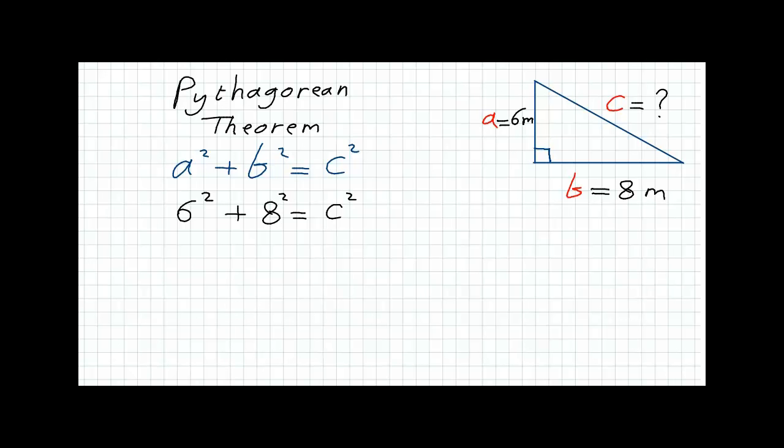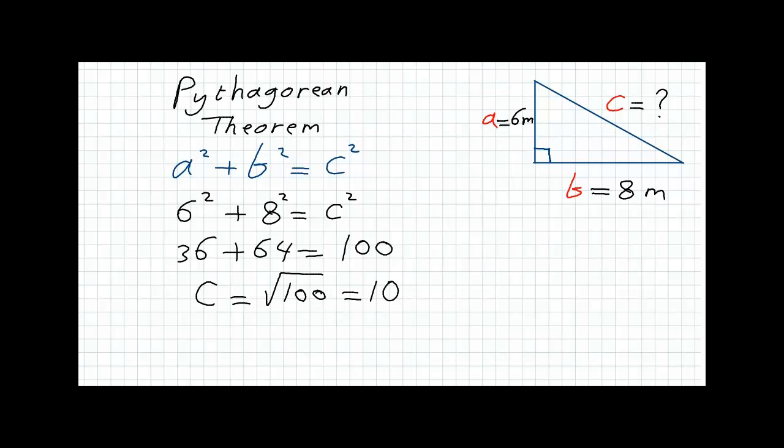So 36 plus 64 is equal to 100. So C is equal to the square root of 100, which is equal to 10 meters.